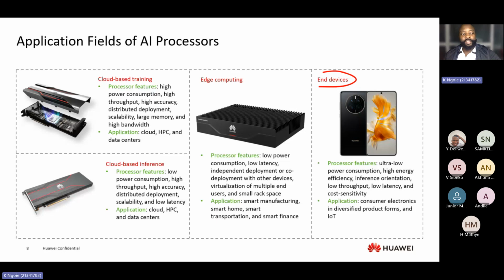So we have processors that will be used on the phone. Remember last time we spoke about NPUs, the neural processing unit. This is an example of a processor being used on device, right?